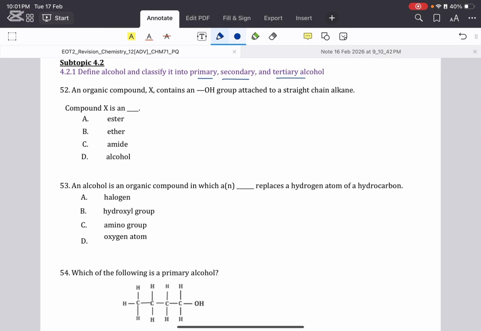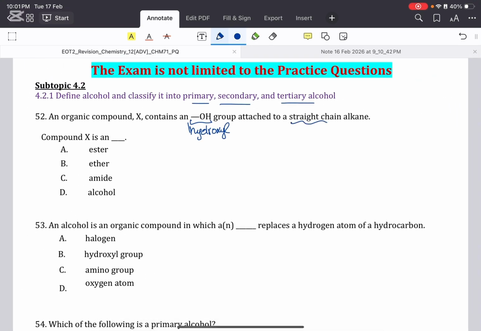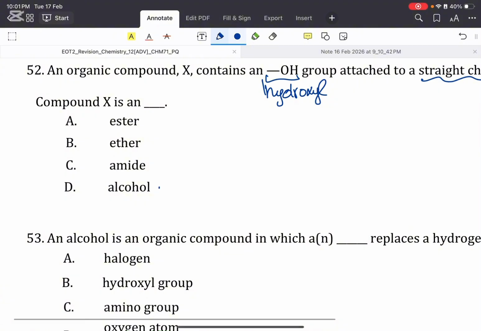So let's begin. An organic compound X contains OH. So again, that's a hydroxyl group attached to a straight chain of alkene. The compound would be an alcohol. If I need to answer A, they must tell me that the organic compound X contains a carbonyl bonded to oxygen.